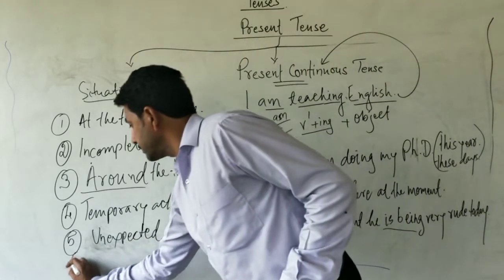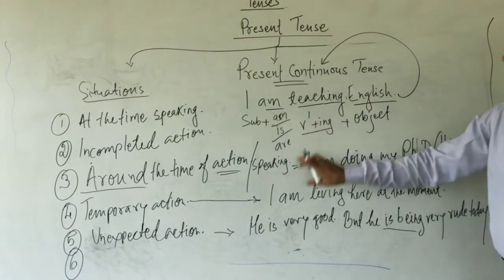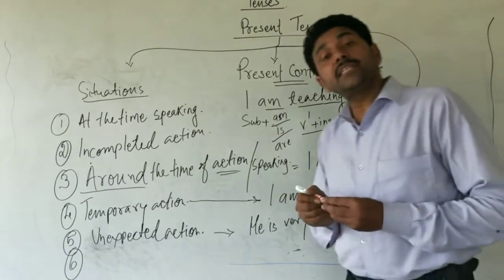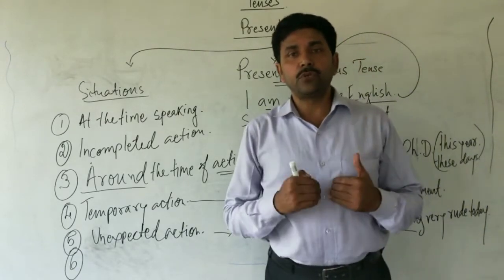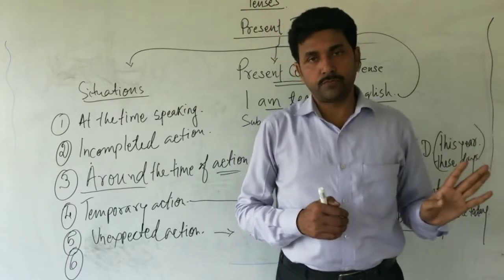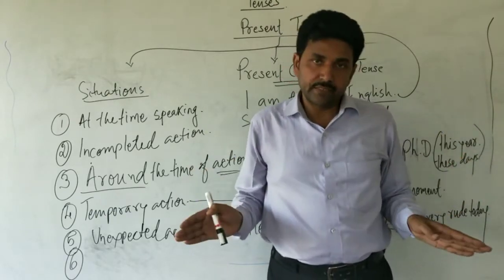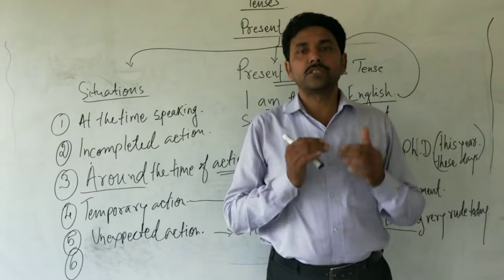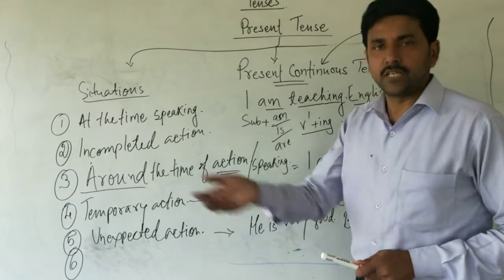So, in these situations, we can use present continuous tense. There is one more use of the present continuous tense structure, like subject plus is, am, are plus verb plus ing and object. If you have already decided to do anything in the future, for example, I'm going to the capital city tomorrow. I have already decided and planned. So for planned things, planned action, you can use present continuous tense with the time mentioned.